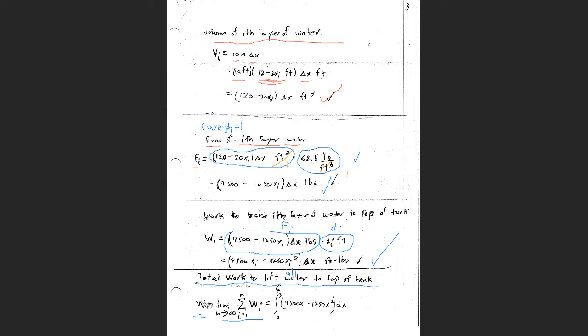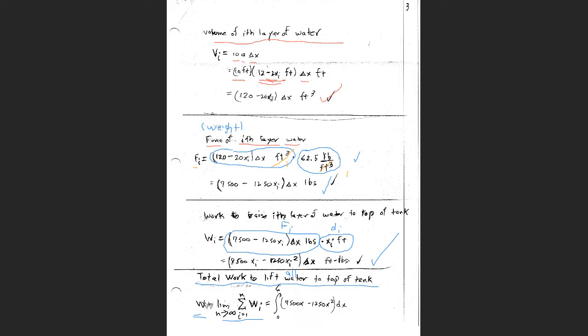So we're adding up all the values of work, each to bring all these layers of water to the top of the tank. Each work value is the work needed to bring up the ith layer of water to the top of the tank.